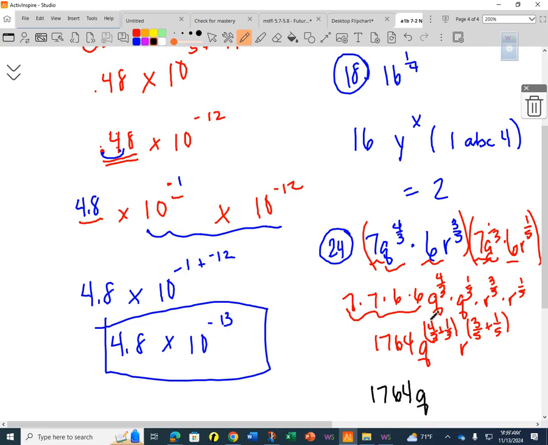1764 q, 4 ABC 3 plus 1 ABC 3. You should see that that is 5/3. And our exponent on our r's, 3 ABC 5 plus 1 ABC 5. Even if you're not comfortable adding like denominators, your calculator will do it for you.